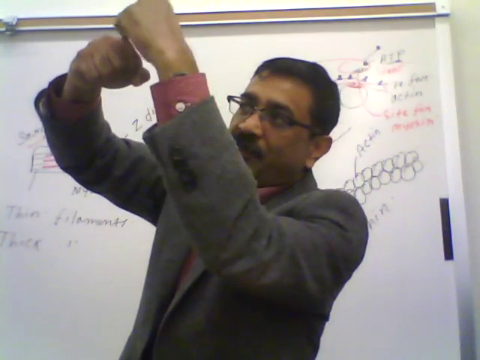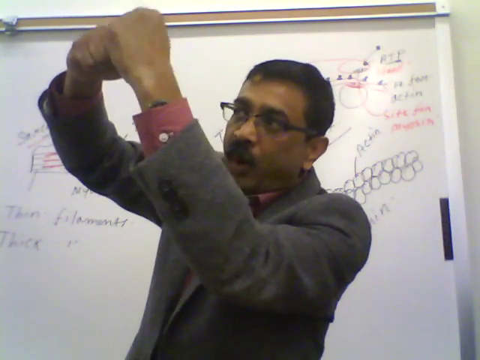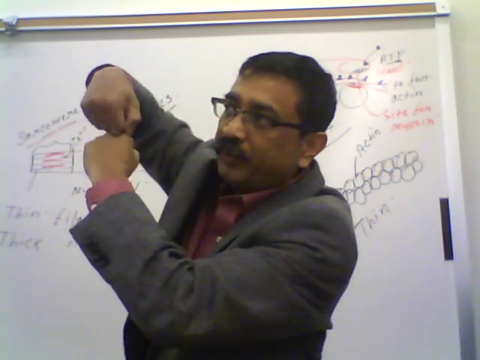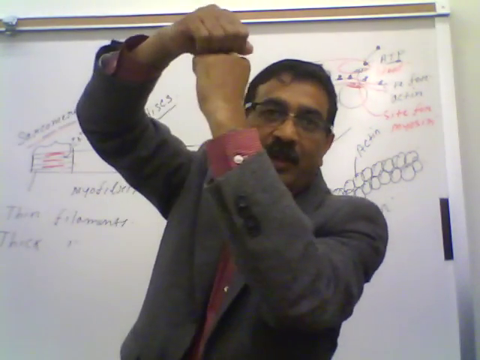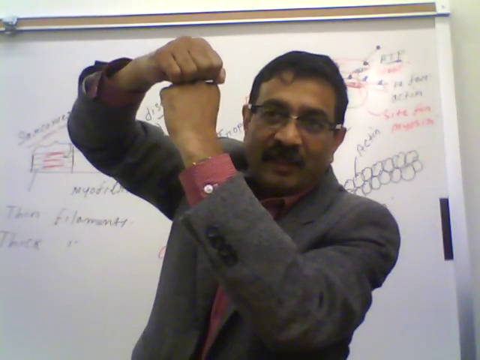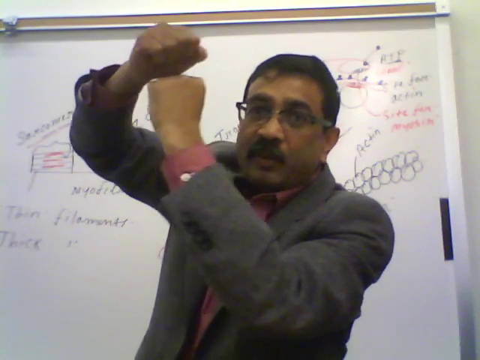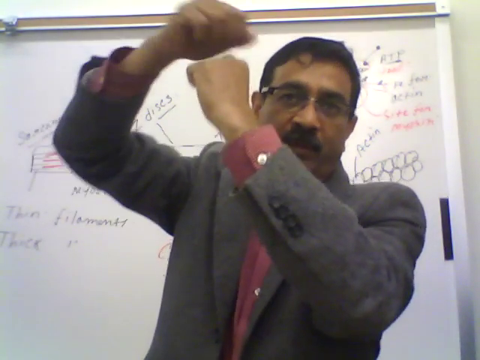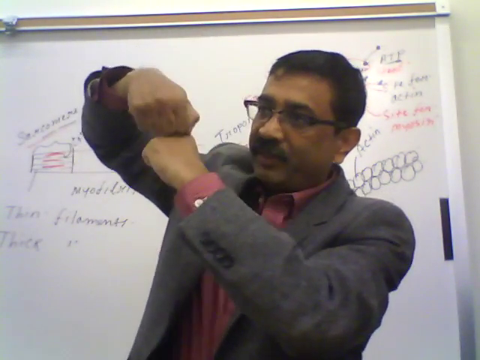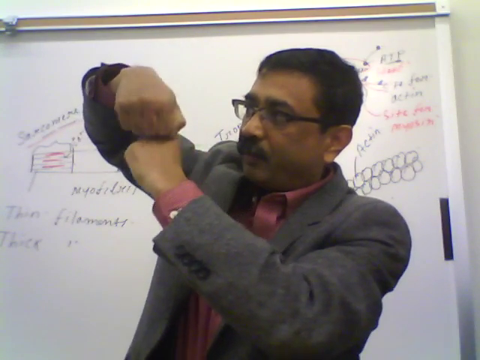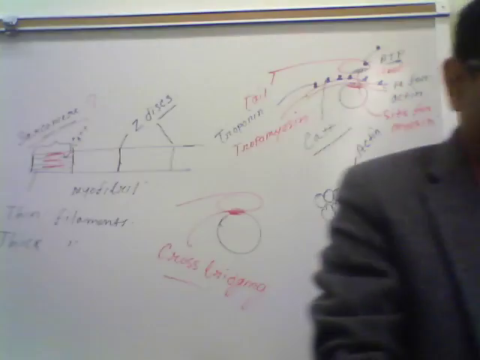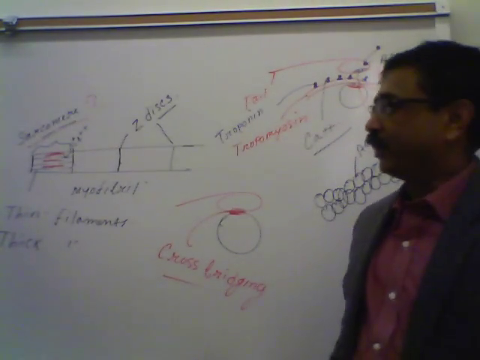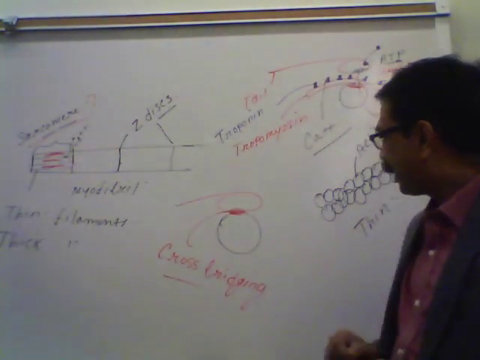Now ATP will give the power to move the head, and that's the flexion of the head or bending of the head. That is called the power stroke. Power stroke is the bending or flexion of the myosin head, and that is very important for muscle contraction. Now you see what happens.